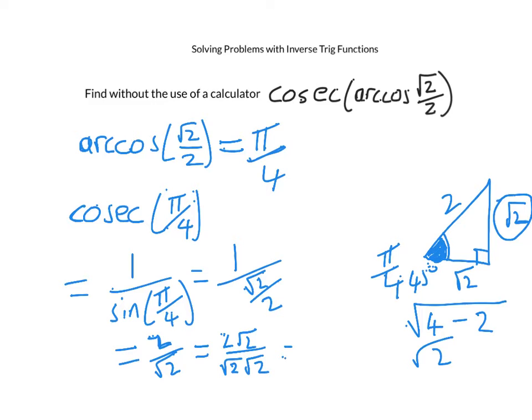And that, of course, gives you 2 root 2 over 2, which quite nicely gives you root 2. So there we are, there's your final answer. That is root 2.